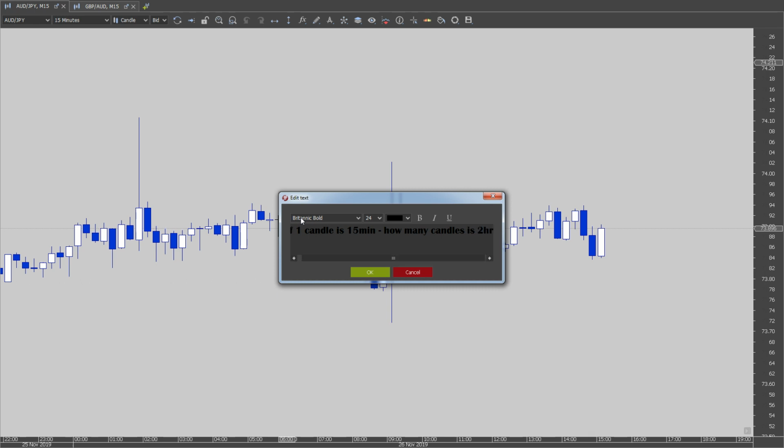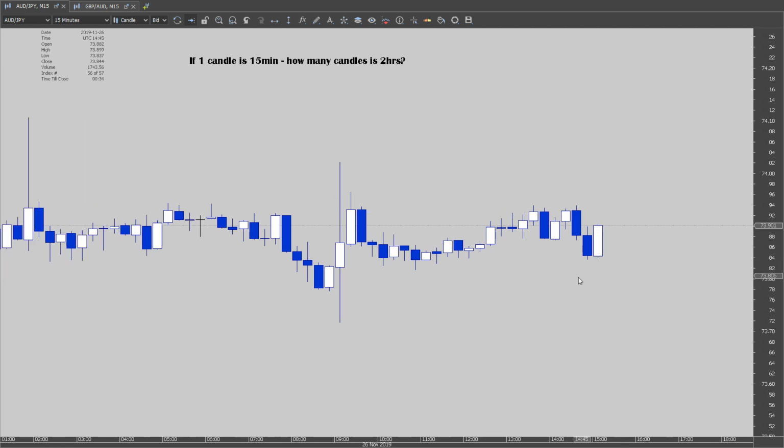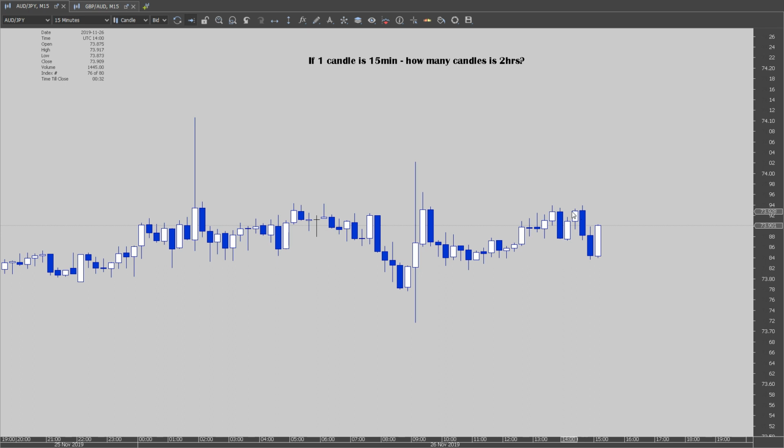I hope my English is correct. Okay. If one candle is 15 minutes, how many candles in 2 hours? 8. Correct. So 15 plus 15 is 30 minutes, plus 15 is 45, plus 15 is 1 hour. So 8. Yes, sir. Correct.